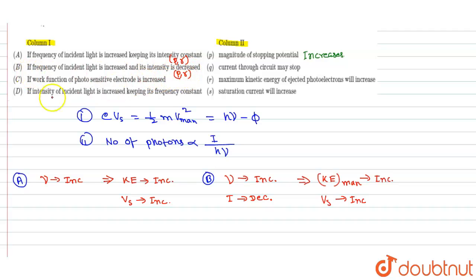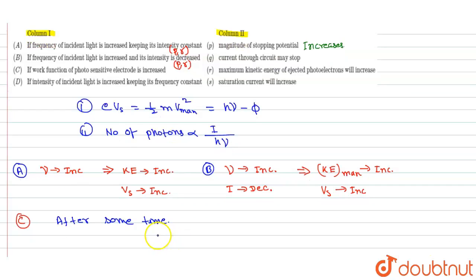Now coming to the C part of this question. The work function of the photosensitive electrode is increased. If the work function increases, after some time h nu becomes equal to the work function.